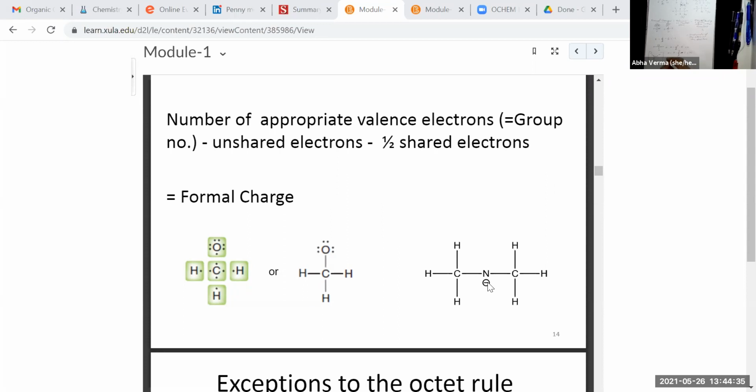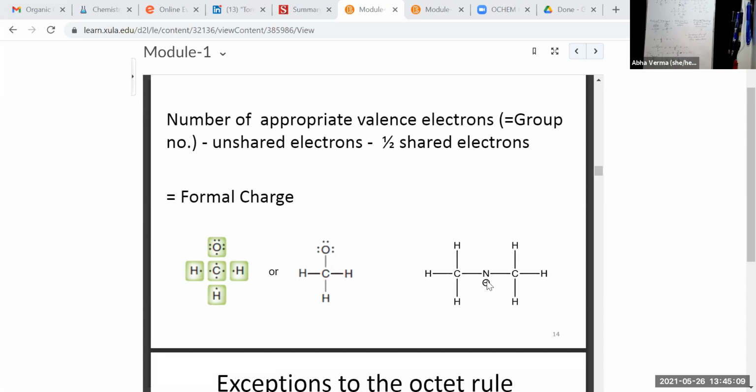So if you want, we can do the solution here. And I'm writing it on my paper. All of you also try to write it on your paper. Nitrogen has 5 valence electrons. How many sharing or bonding electrons does it have right now? 1, 2, 3, 4. So 4 divided by 2. How many unshared electrons does it have?